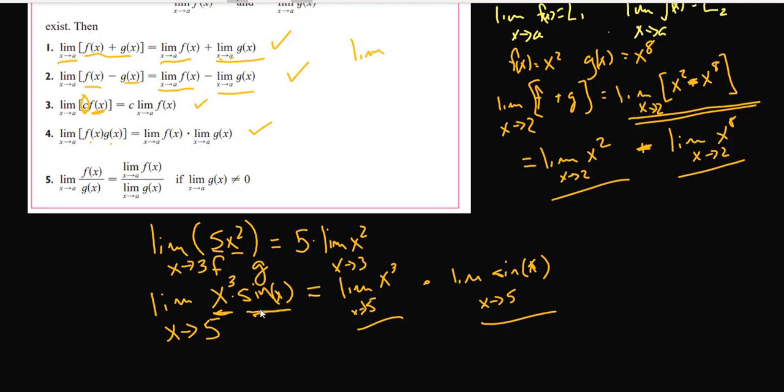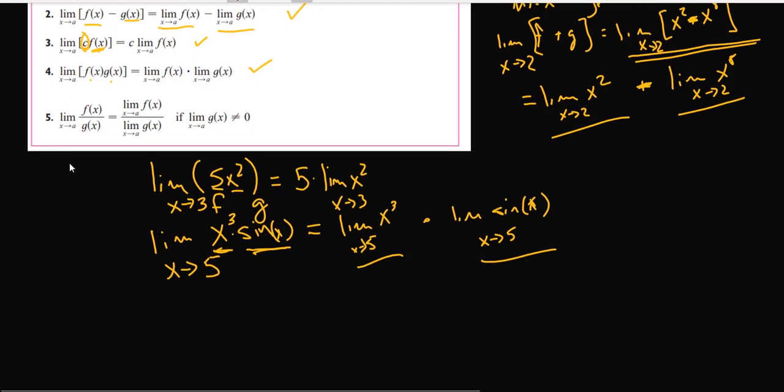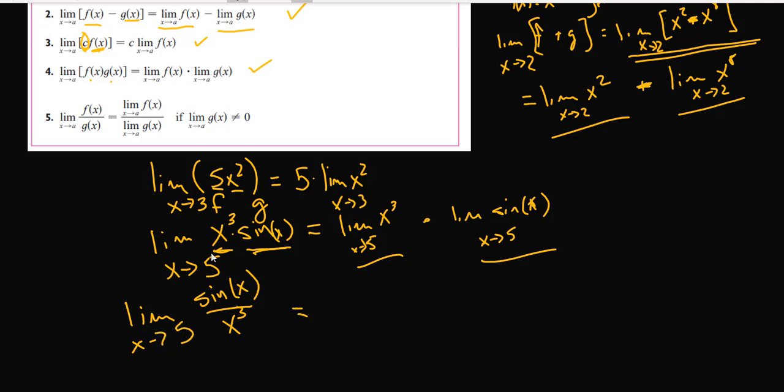And finally, the last rule is that if you have something like this, for example, suppose you wanted to do sine of x over x cubed as x goes to, let's say, again 5. So what does it say you can do? If you have one thing divided by another, you're allowed to split it into the limit of the top one and the limit of the bottom one.